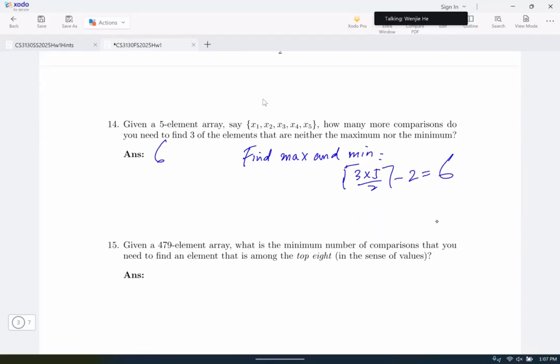Number 15. Most of the students did well, really well, based on the hint. This time I tried my best to force you to watch the hint video, and based on it most of you got the correct answer easily.